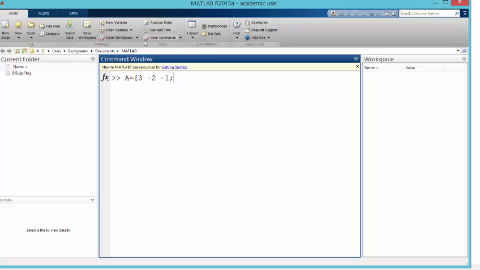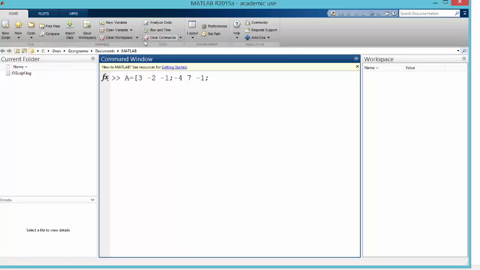That's row 1. Separate it by a semicolon. Minus 4 space 7 space minus 1. Separate row 2 by a semicolon.